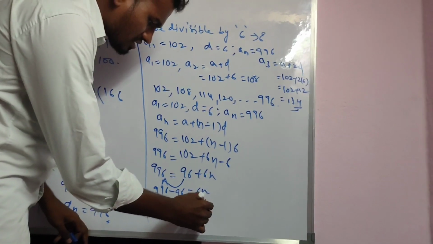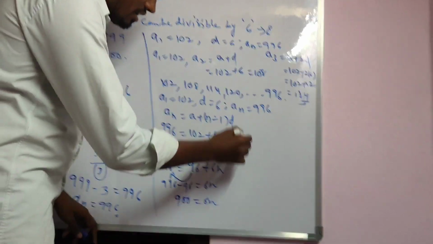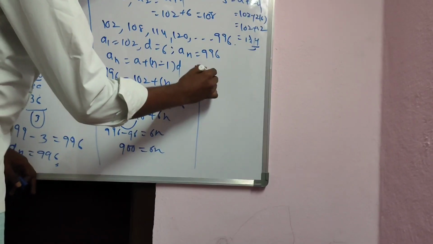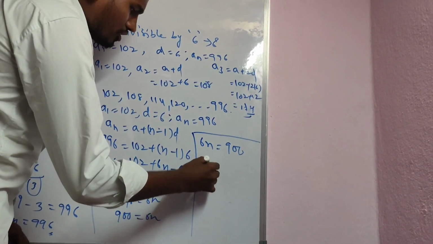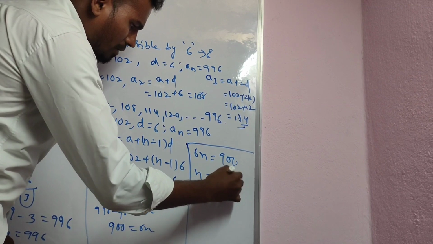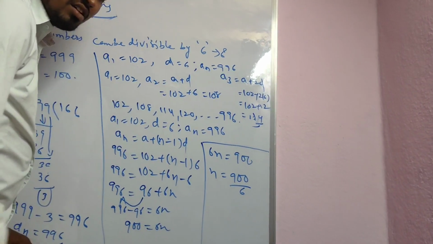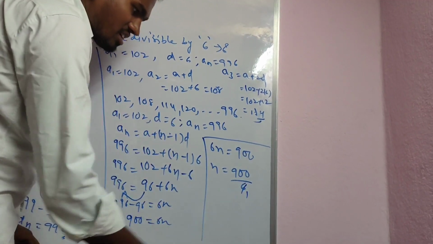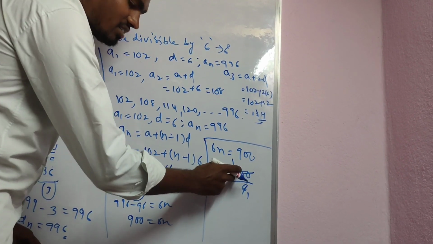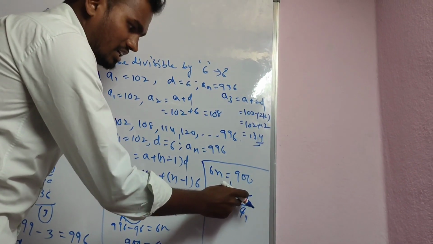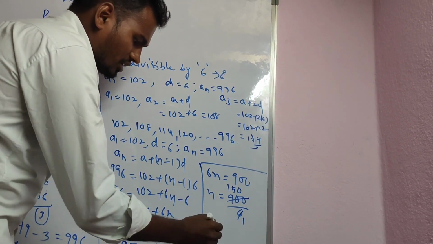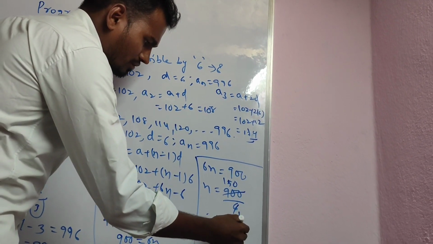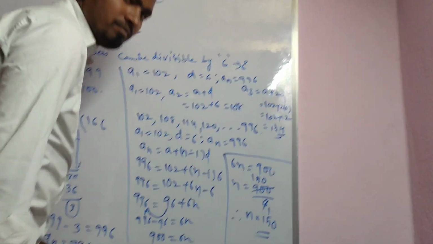So 6n is equal to 900, then n is equal to 900 by 6. Cut it, 6 on the 6, remaining 3, then 30, 6 by the 30, 0 is 0. Therefore n is equal to 150.